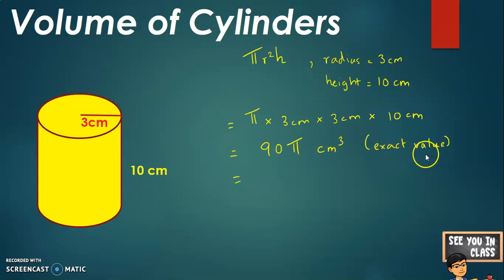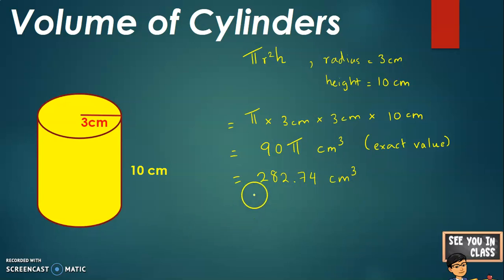You will leave your answer as it is if you do not have a calculator, but if you have a calculator, please go ahead and multiply this 90 by the pi. And my answer is 282.74 centimeters cubed in this case.